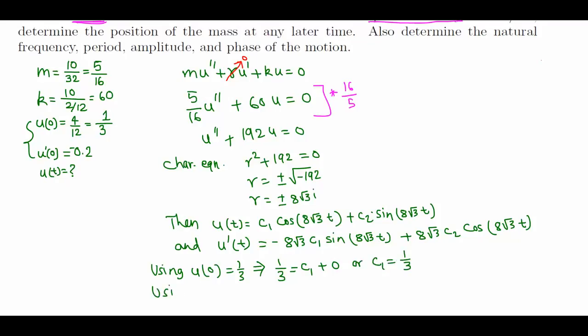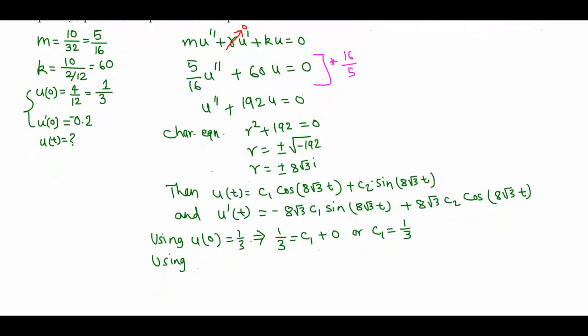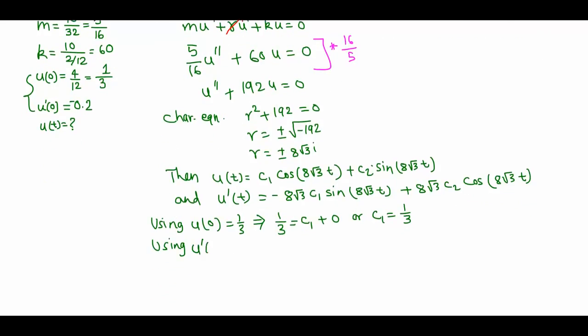And using the second initial condition, u prime 0 equals negative 0.2. So we get negative 0.2 equals sine 0, that will be 0, so we don't have to write anything here. This is 0 plus 8√3 c2 cosine 0, which is 1, so c2 equals negative 0.2 divided by 8√3.